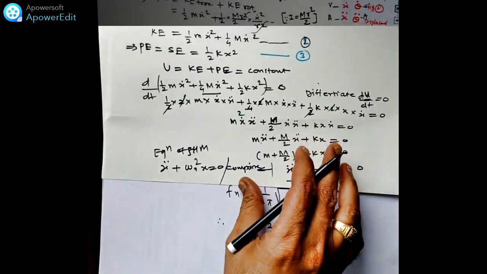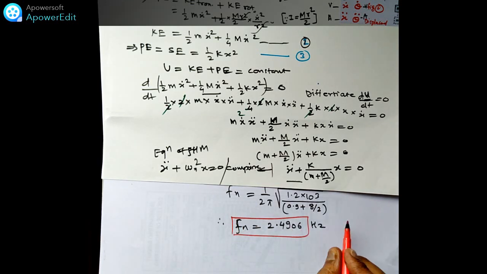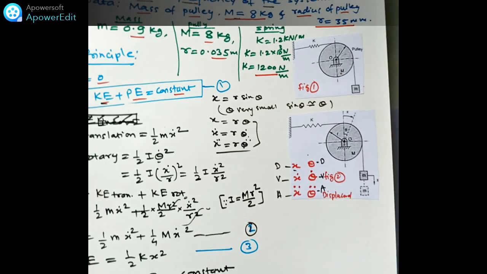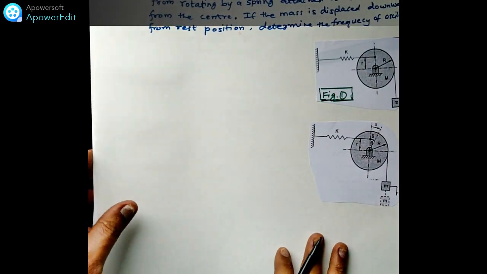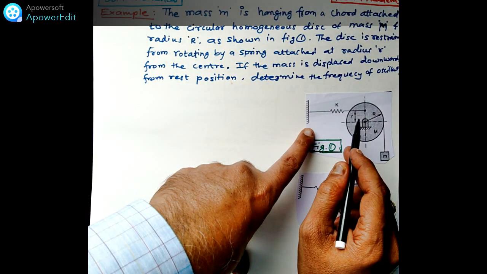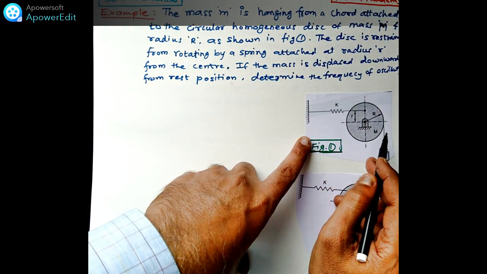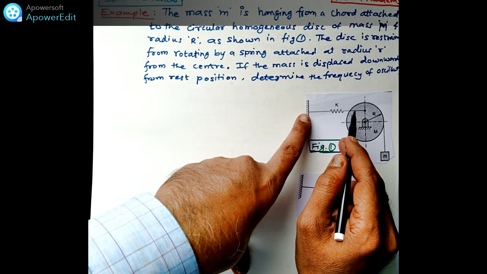So this is your final answer, friends, okay. This final answer is what we have to calculate. So friends, like this we can solve this numerical. Similarly we can calculate this for this case also. So this is another numerical. What is the difference in this numerical? See, this is the pulley, this is the mass. Here this spring is there.